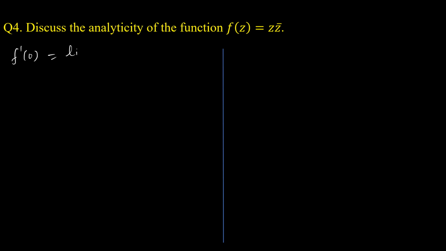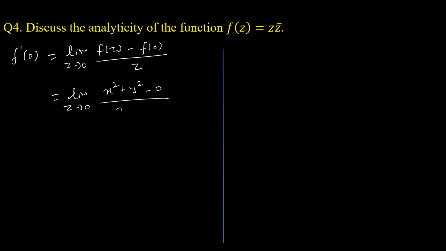It will be equal to limit z tends to 0 of f(z) minus f(0) upon z. You know f(z) is x square plus y square, so it can be written as limit z tends to 0 of x square plus y square, and f(0) is 0, upon x plus iy.